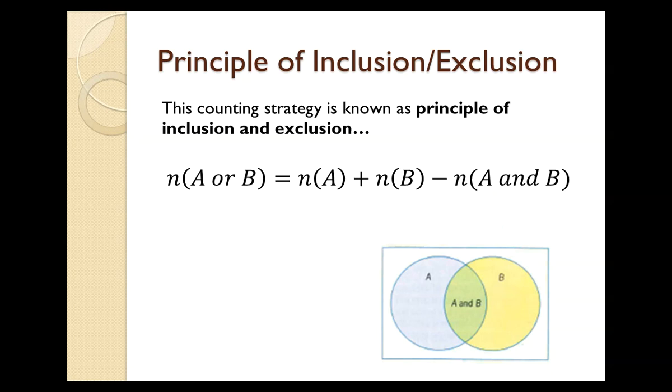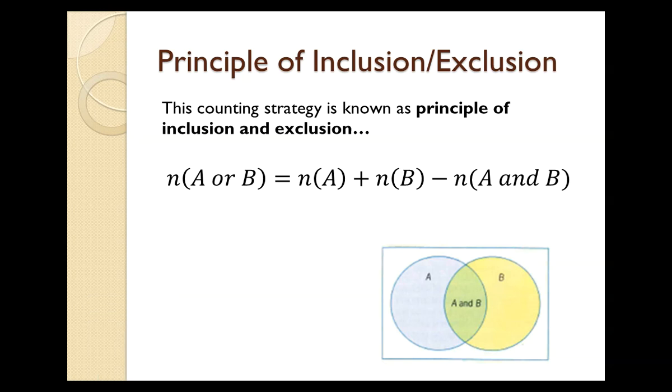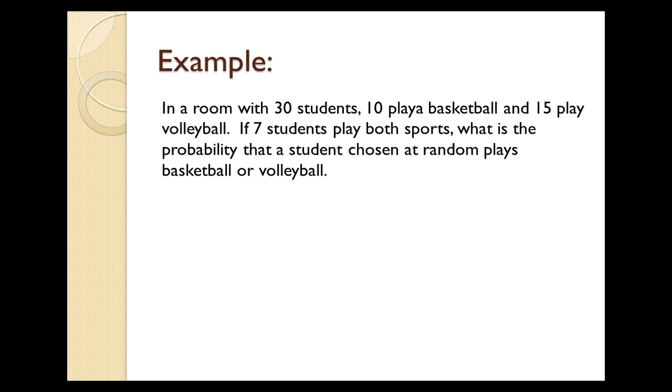It says to get the number of elements in set A or set B, you add the number of elements for each set, but then you subtract the overlap. You can see in this diagram why that is. Events A and B overlap each other, and in terms of area, you'd be counting that area twice. So you have to subtract it off one time, much like the diamonds and face card example. So let's do an example with that.